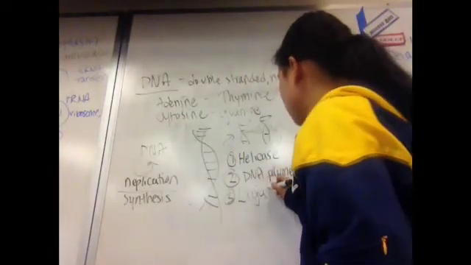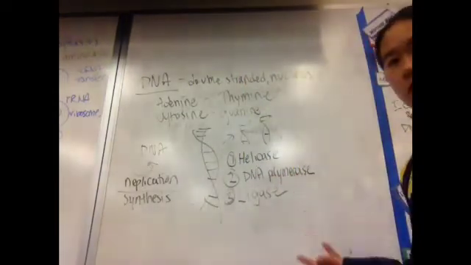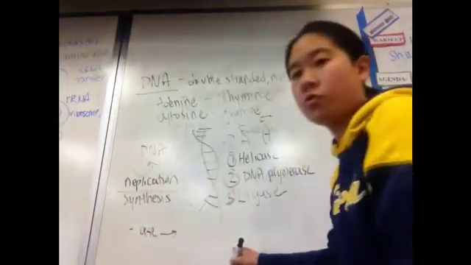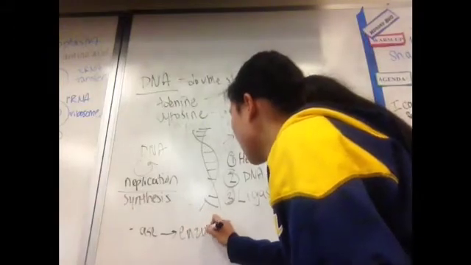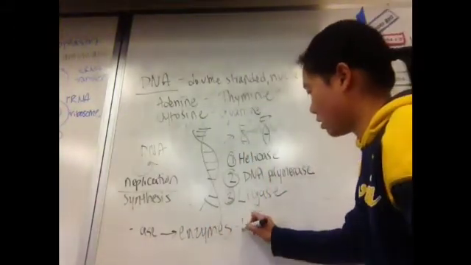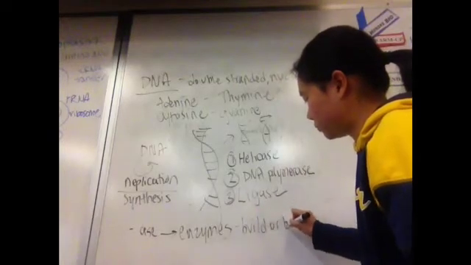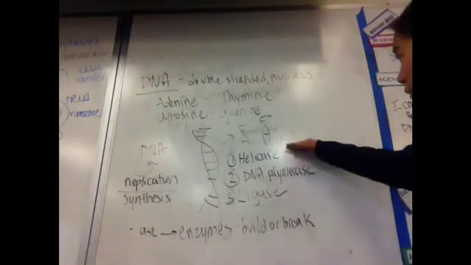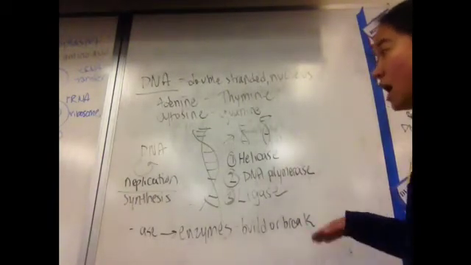So first of all, you might want to say, what are these -ases? I don't know what you're talking about. -ases are part of a group of things called enzymes. Enzymes have jobs, and in this case, their job is to build DNA.